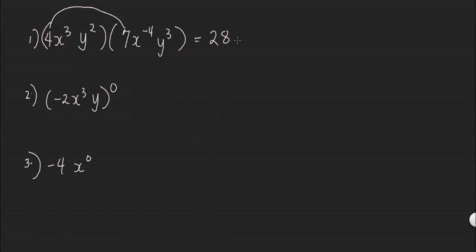Add natin yung dalawang exponent, so meron tayong 3 plus negative 4. Okay, may utang kang 4, nagbayad ka ng 3, may utang ka pang piso, okay, so may negative 1 ka na exponent dyan.